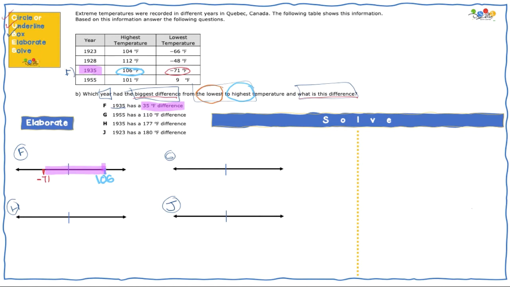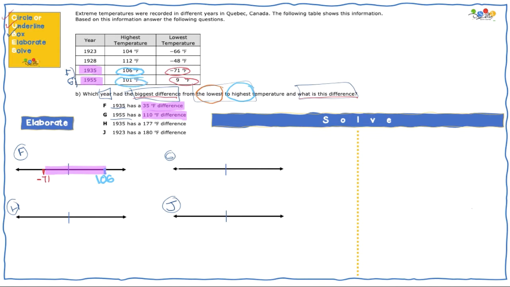Okay, good. Let's look at letter G. And letter G says in 1955. So this one is going to be our G. And then they believe that the difference was 110. I'm going to look at that year, 1955, which is right here. For 1955, the lowest temperature is 9 degrees, and the highest temperature is 101.